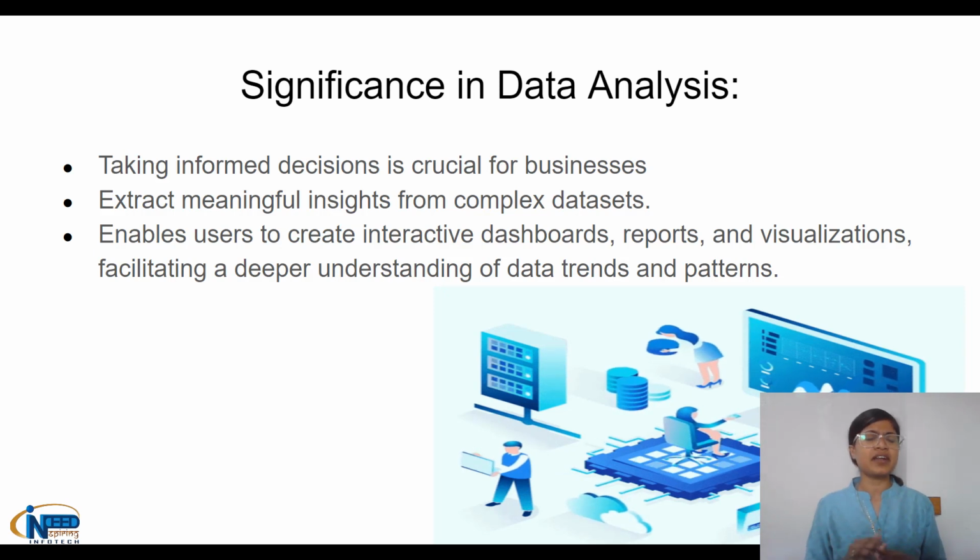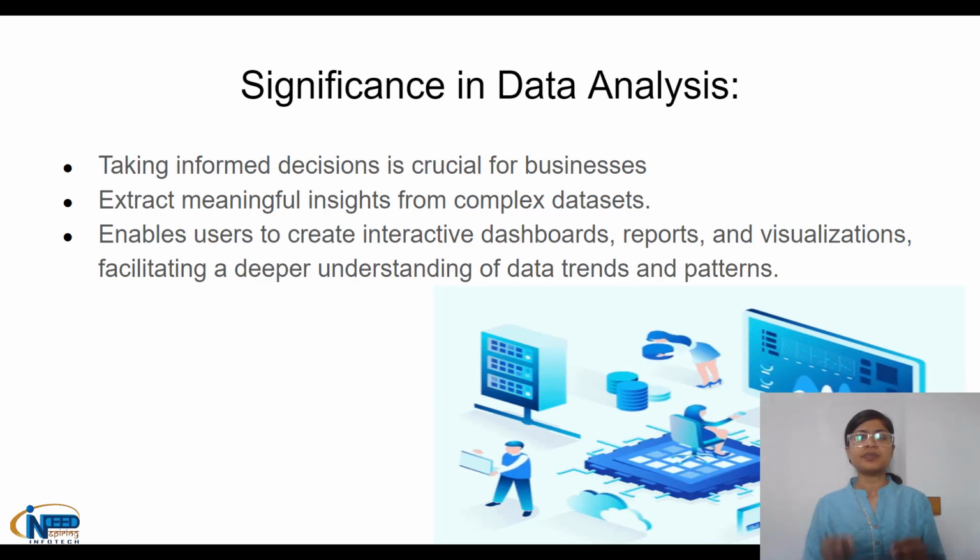We can create interactive dashboards, interactive reports, and interactive charts, which are useful for analyzing the data and understanding each and every trend and aspect of the data. We can think of the data like a gold mine, where Power BI is a machine which extracts the gold out of the gold mine.